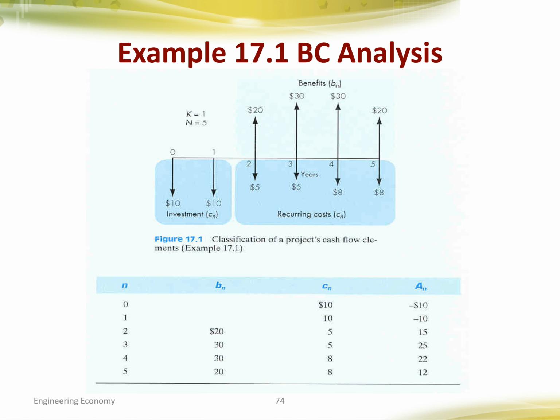If we want to do this analysis, again, we need to bring all these costs to a certain time. All the benefits to a certain time, could be present. Okay, and we can first take this cash flow diagram and show it in this table. So these are benefits, these are costs, investment, operation and maintenance.